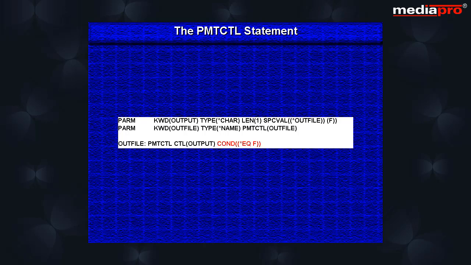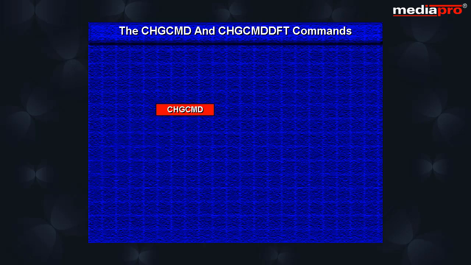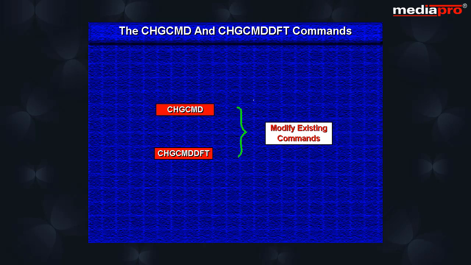With this, we have looked at most of the features available for creating CL commands. Before we end this chapter, let us look at the change command and change command default commands that allow us to modify existing commands.